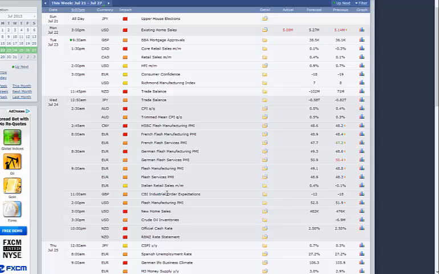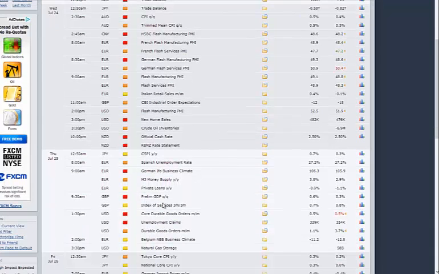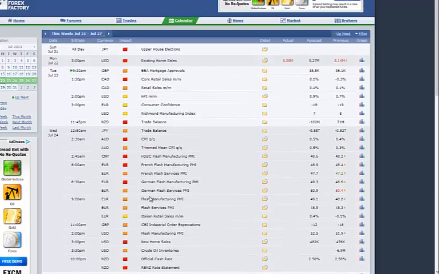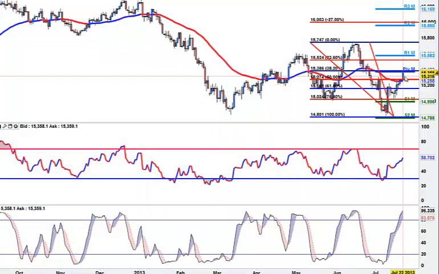Tiny bit of UK data, and then new home sales. So it really boils down, as far as the pound's concerned, to Thursday being a good day because we've got UK GDP and core durable goods, and Friday's nothing. Okay, so I'm just going to keep buying pullbacks in this pound US dollar to see if we can get up to 157.40.